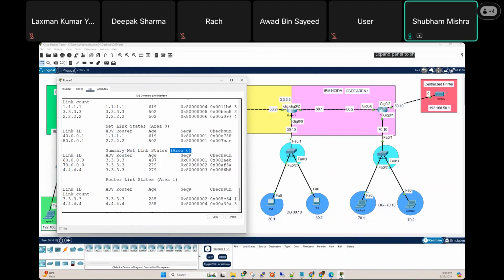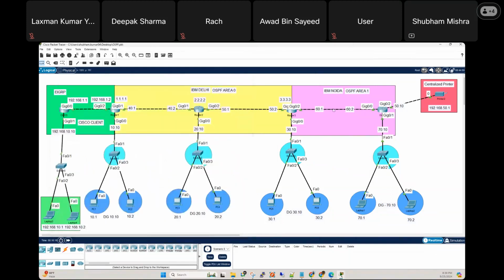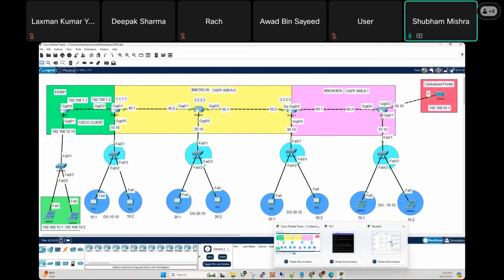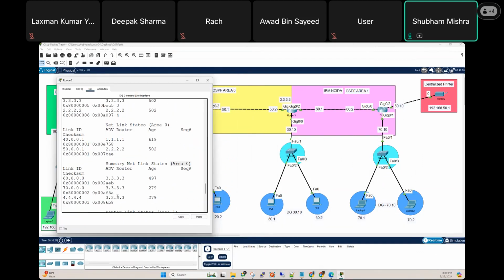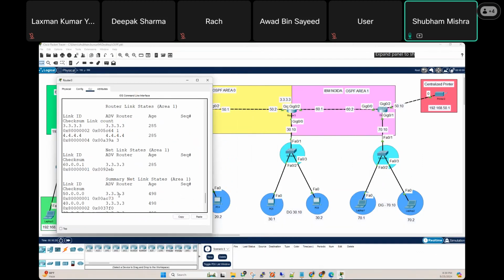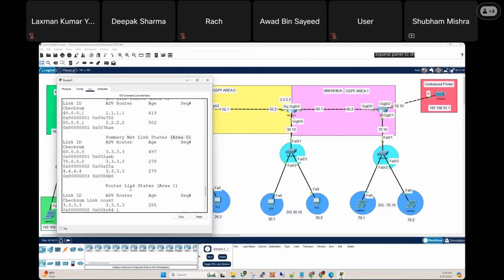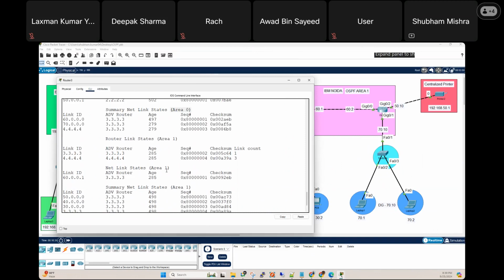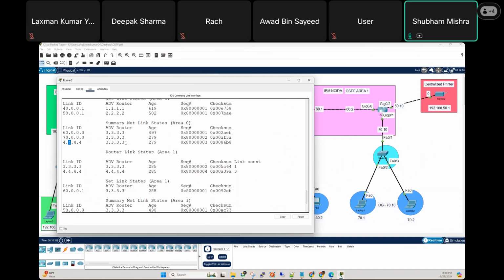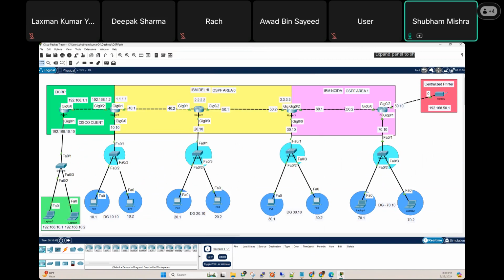This is for area number 0: 60, 70, and 4. Tell me one thing. This router will share 60, 70, and 4.